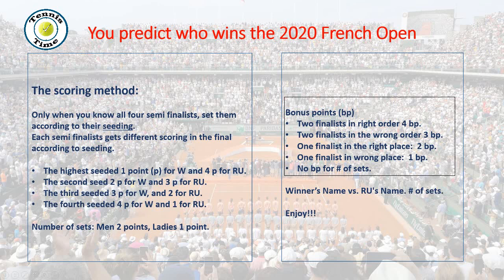If you get 1 finalist in the right place, 2 bonus points. And if you get 1 finalist in the wrong place, then 1 bonus point. So basically, when the semi-final lineup is done, you pick the winner's name and the runner-up's name, and you say the number of sets.